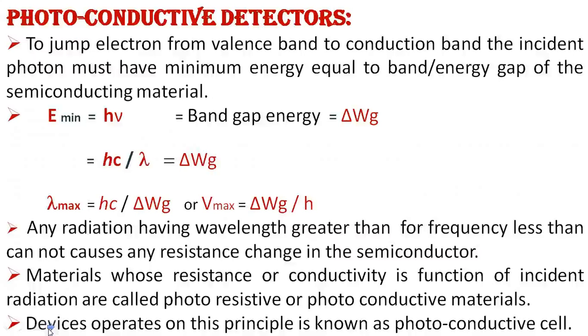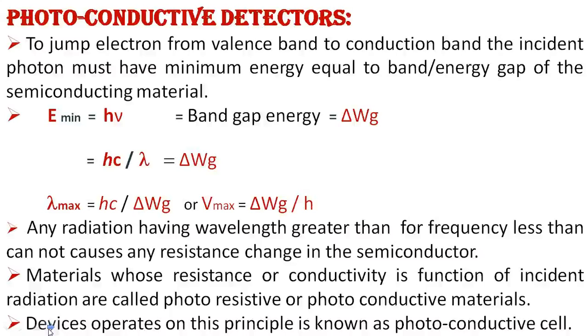In the photoconductive detector, to make an electron jump from the valence band to the conduction band, the incident photon must have minimum energy equal to the band or energy gap of the semiconductor material. E minimum is equal to hν, and band gap energy is Eg, so hc/λ = Eg. λmax is equal to hc/Eg, or νmin is equal to Eg/h.